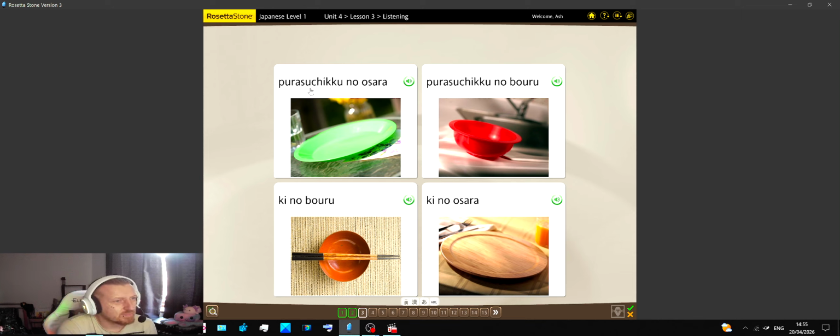I'm an idiot. So, a plastic plate, a plastic bowl, a wooden bowl, a wooden plate: プラスチックのお皿、プラスチックのボール、木のボール、木のお皿. Lovely stuff. Just good stuff.